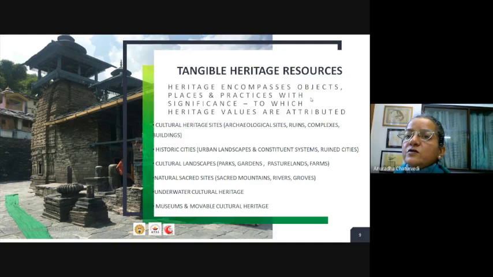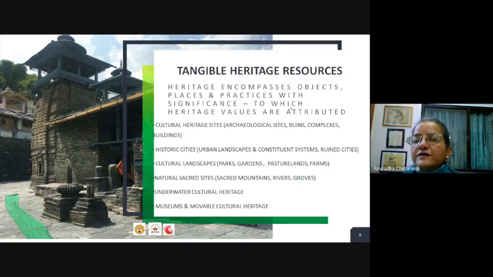Tangible heritage resources can include natural sacred sites such as sacred mountains, sacred rivers, sacred groves. Then there is the underwater cultural heritage, cities which have been lost to the sea, for example, Pumpuhar, etc., Dwarka. Then there are museums and movable cultural heritage.